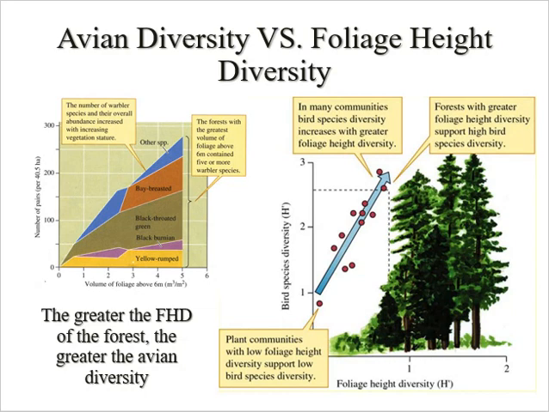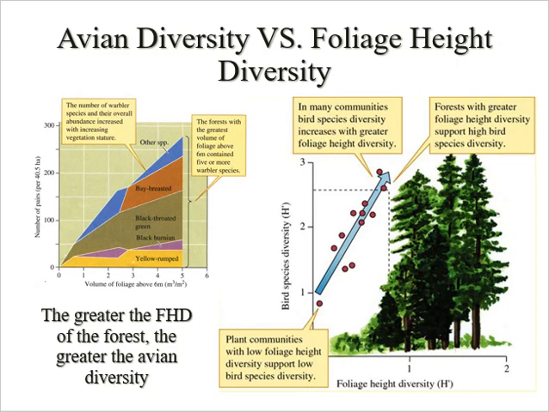Now, MacArthur quantified the diversity of species and the complexity of the environment using Shannon's Index. And then he measured environmental complexity as a function of foliage height diversity, which increased with the number of vegetative layers and with an even distribution of vegetative biomass among different vertical layers.